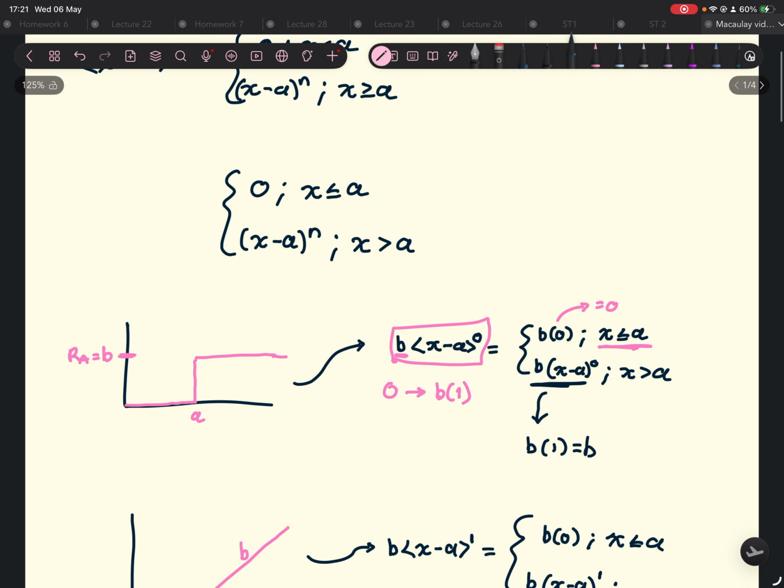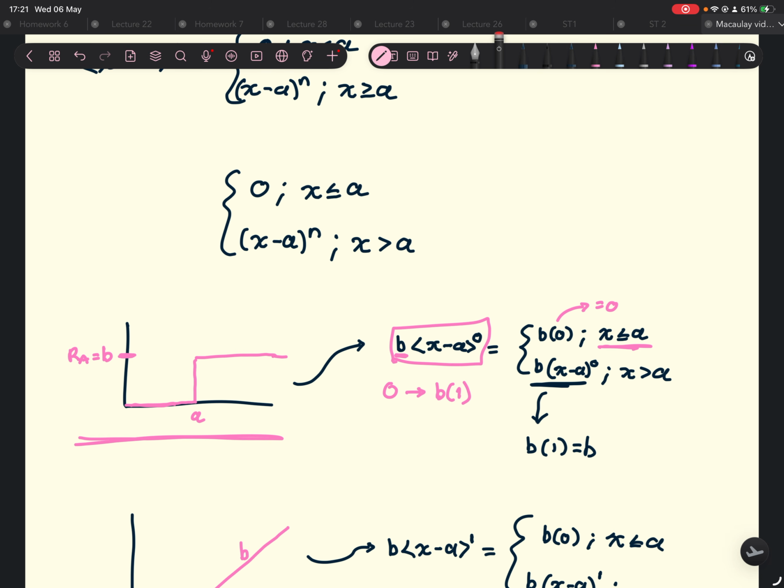So if you go back to this example, this thing is off at this point, then it switches on, but the Macaulay brackets can't say when to switch it off. It's just going to continue on forever for however long x is defined.